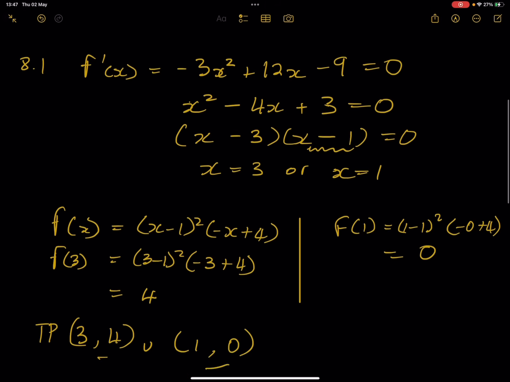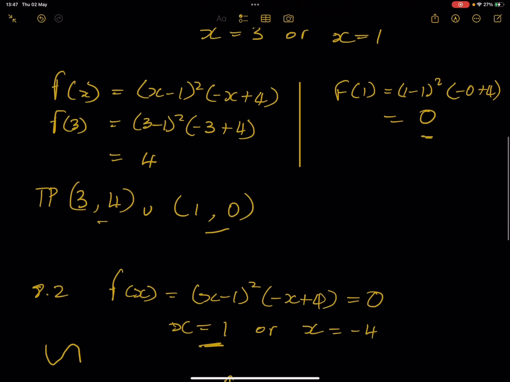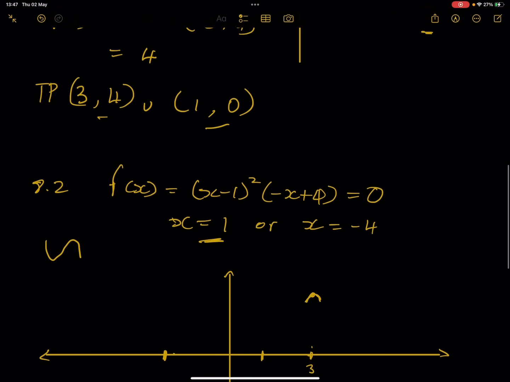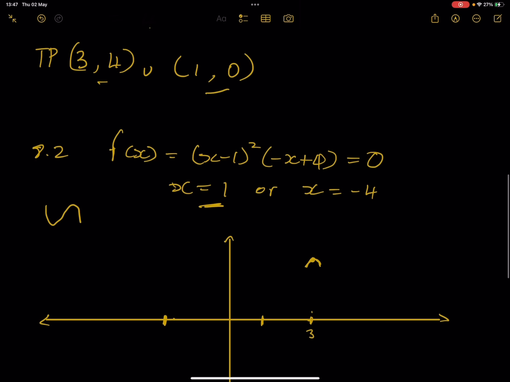And then we've got at (1, 0) our turning point over there. So there it is. That should give us our other turning point over there.